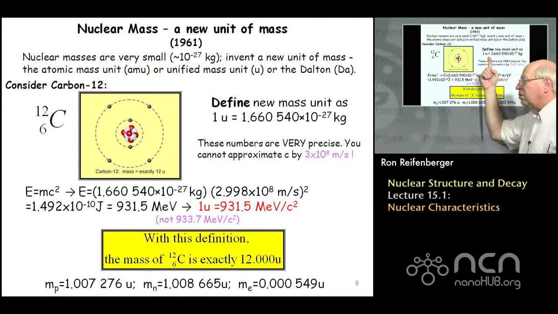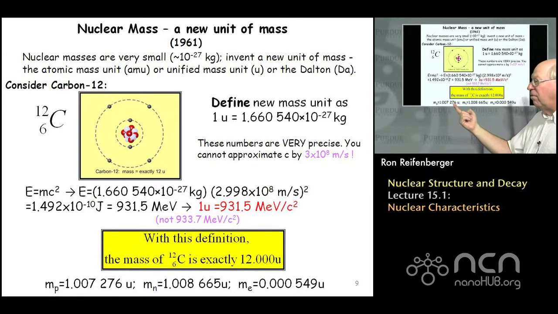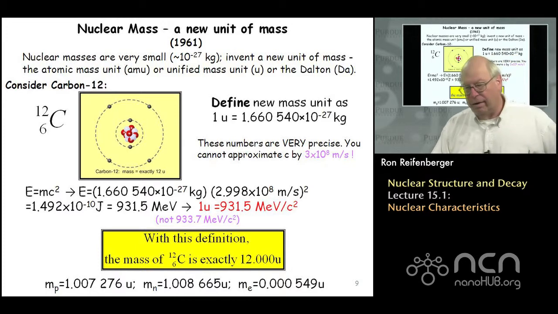So with this definition for U, you can now write down the mass of a proton, the mass of a neutron, and the mass of an electron in terms of these new mass units U. You can see that the mass of the proton and the mass of the neutron are slightly different. The mass of the neutron is about 1 part in 1,000 heavier than the mass of a proton.